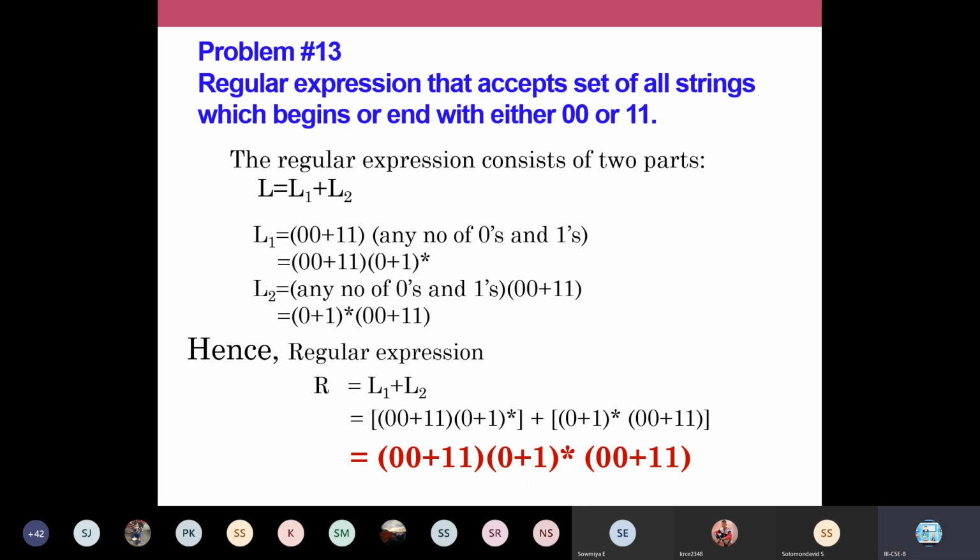Hence, your regular expression R will be L1 + L2. If you are just analyzing, in between you must have all combinations of zeros and ones, and on either end you must have either 00 or 11. In the beginning you can have 00 or 11, and also in the end you can have 00 or 11.